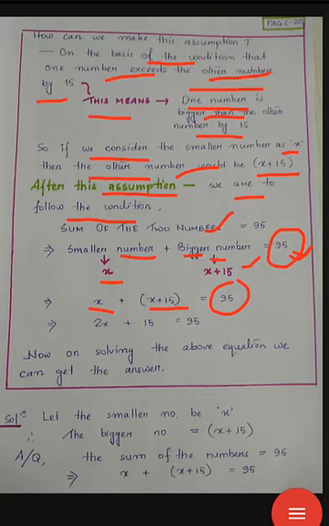When we remove the brackets, x plus x gives twice x, plus 15, which is equal to 95. Now we have to solve this equation to get the value of x and x plus 15. Then only we shall know the smaller number and the bigger number.